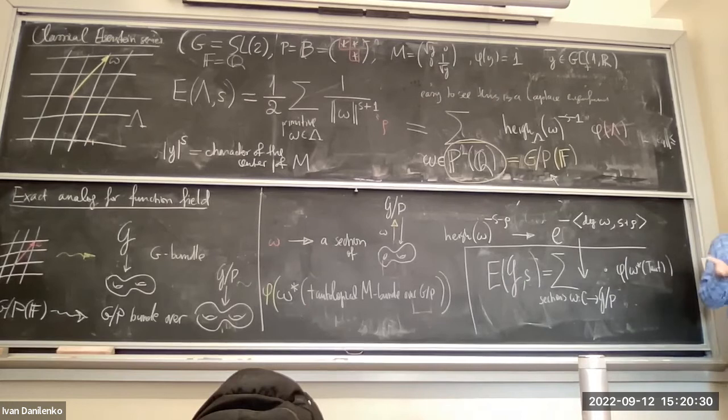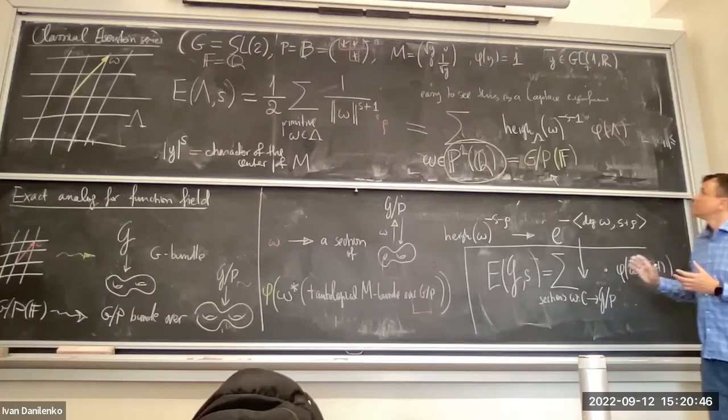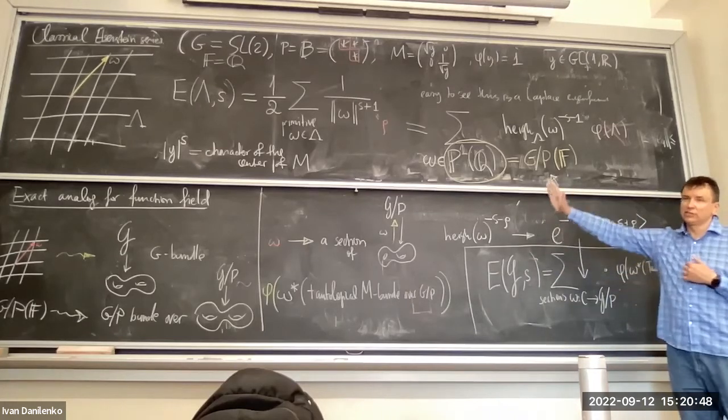But then we always somehow twist this just by the maximal torus of the group action, which is okay because when you get into some geometric computation, geometrically it doesn't really matter if you do the whole group or just the maximal torus. We always use this kind of twist, shift operator.